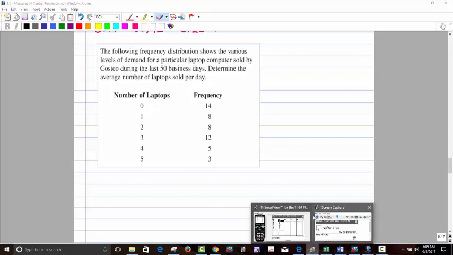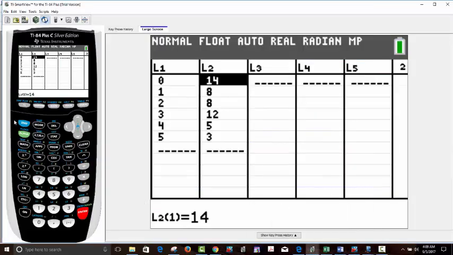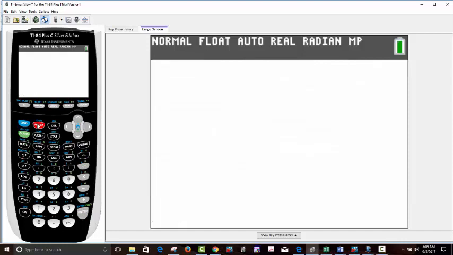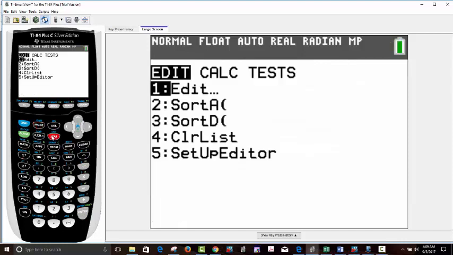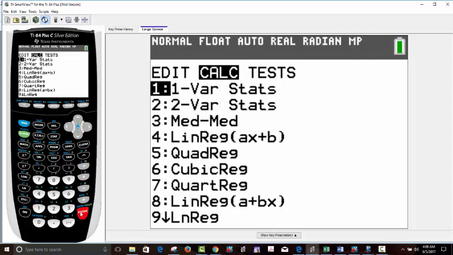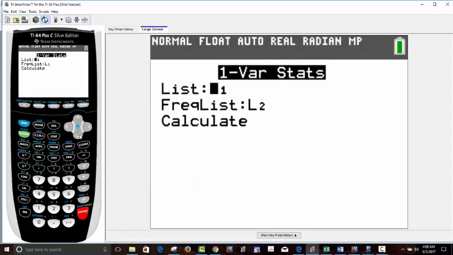So if you do that, like I did here, and then quit out of that, go stat, calc. Now, the earlier example we did for the median, and this also works for the mean and median, that 1-var stats frequency list was left blank, and that's the way you want to do it, just L1. But for this particular exercise, we put L1 in there for the list, and the frequency list we put in as L2.